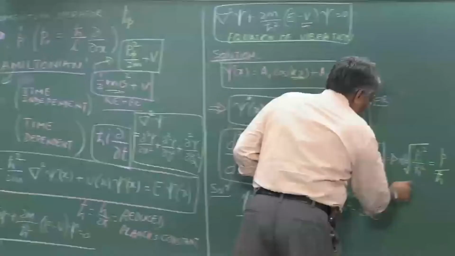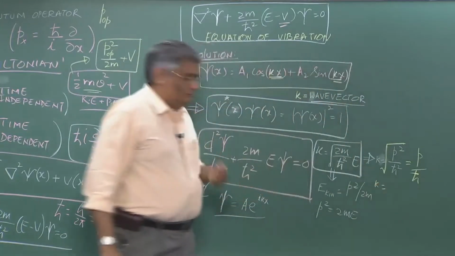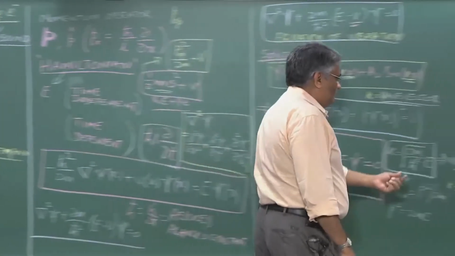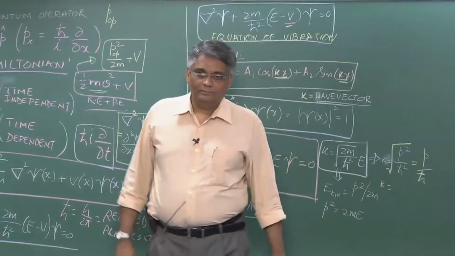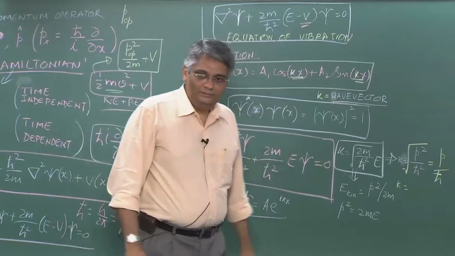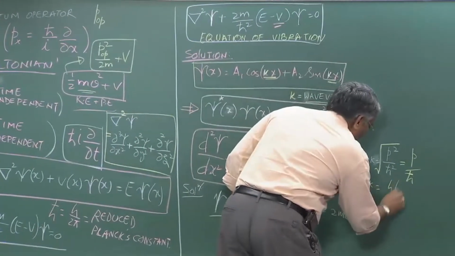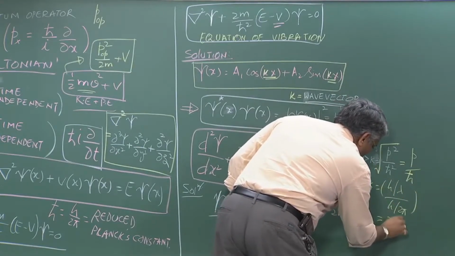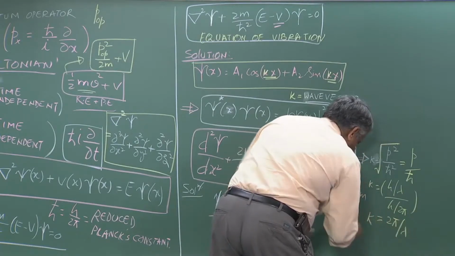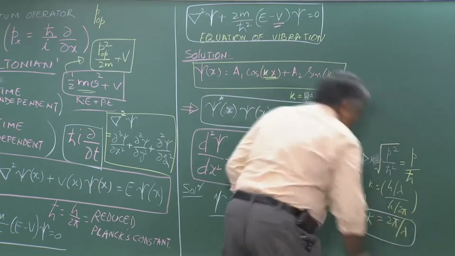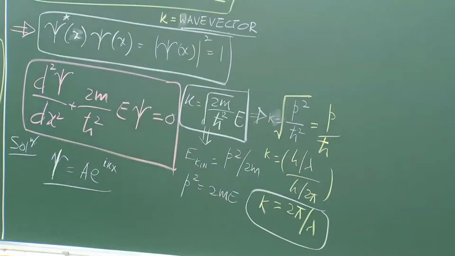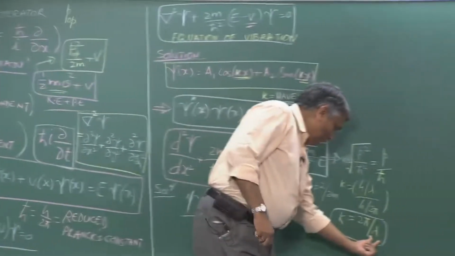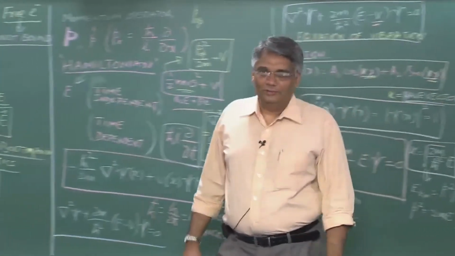Which means, what is p? p is h by lambda, yeah? Your k is 2 pi by lambda, it is inversely proportional to the wavelength.